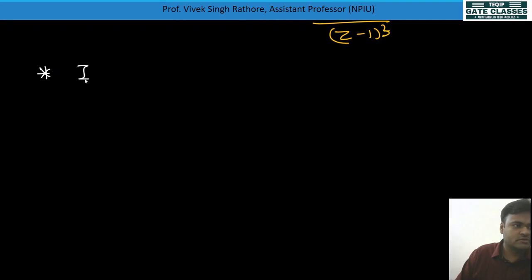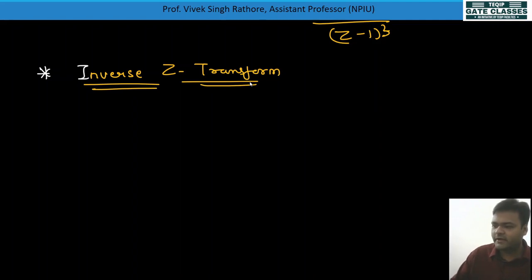The next segment is inverse z transform. If I recall for you, in the Laplace transform or normal Fourier transform, what we have seen: if we take the Fourier transform of f of t, we get f of omega.